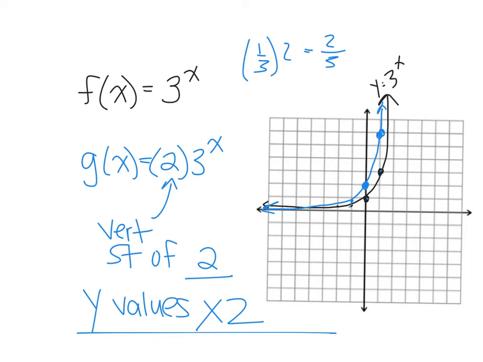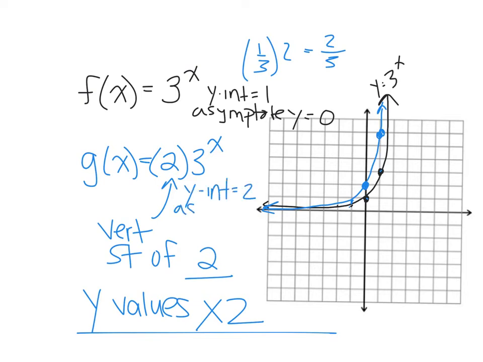So my black original graph had a y-intercept of 1, and it had an asymptote at y equals 0. My new graph has just a different y-intercept. Now it's got a y-intercept of 2, and my asymptote stays the same. Asymptote is still y equals 0.